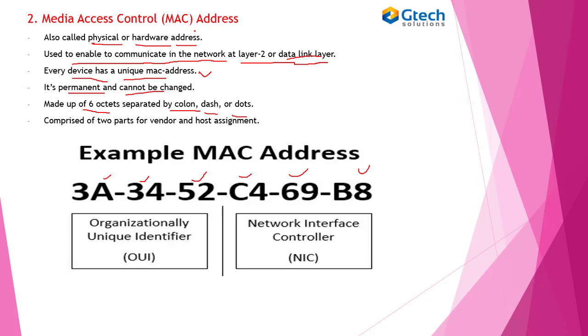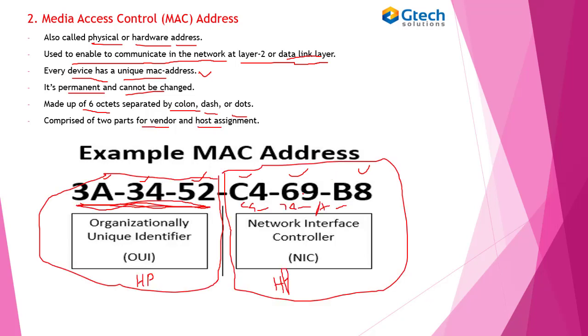A MAC address is normally divided into 2 parts: a vendor part and the host part. The host part can be different in devices, but the vendor part must be the same because it represents the vendor allocation scheme.